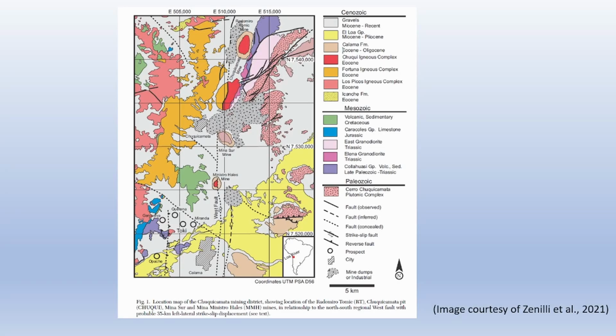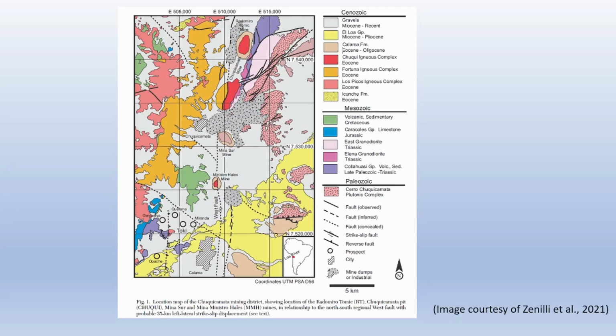Here we have another regional geology map. At first glance, Chuquicamata looks like a typical porphyry system, until you notice that there's a west fault, which is a massive north-south strike-slip fault.